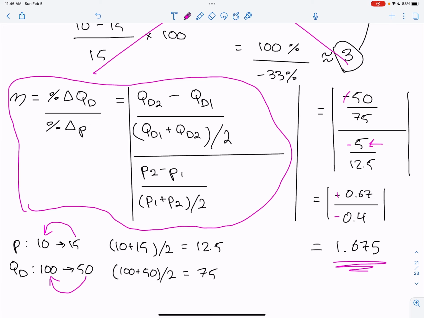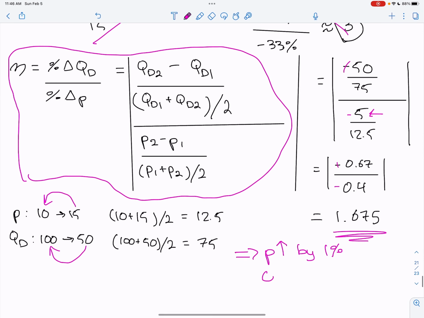And finally, what is our interpretation of this 1.675? What this means is that when price goes up by 1%, quantity demanded goes down by 1.675%. And we're going to talk about the significance of that a little bit more in our next video.